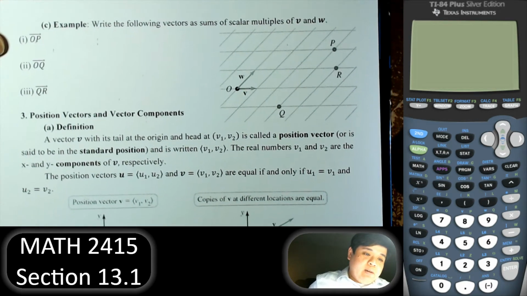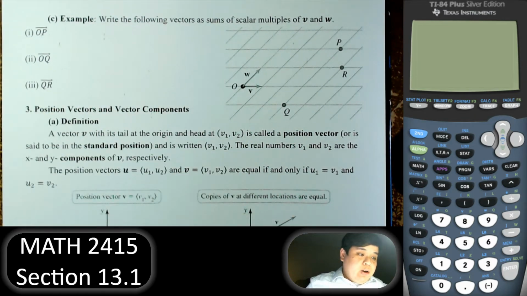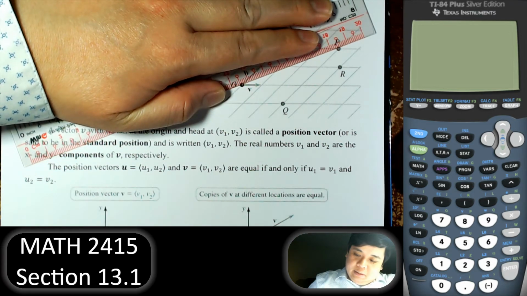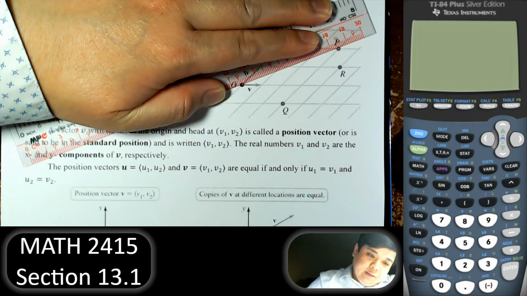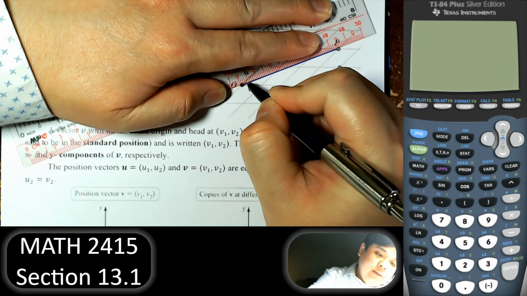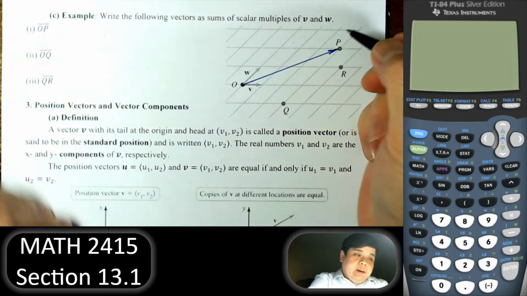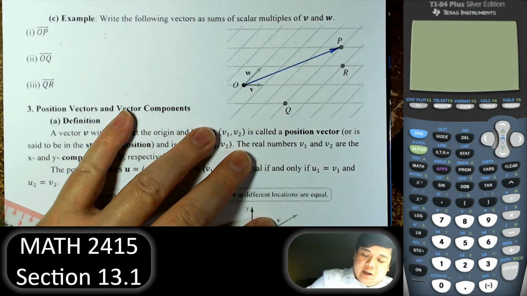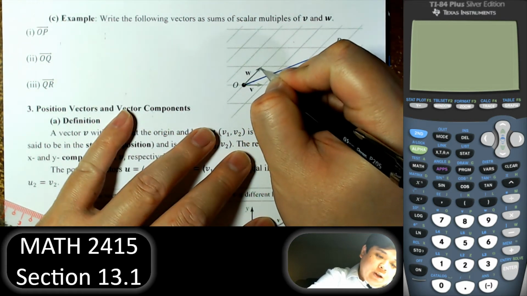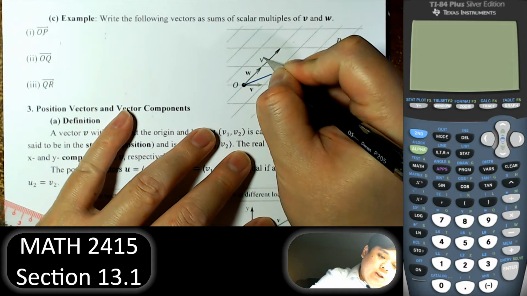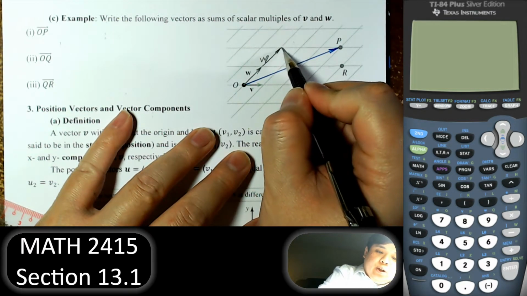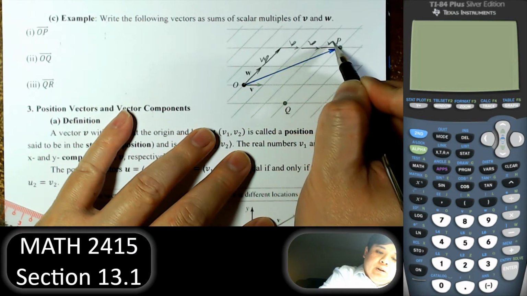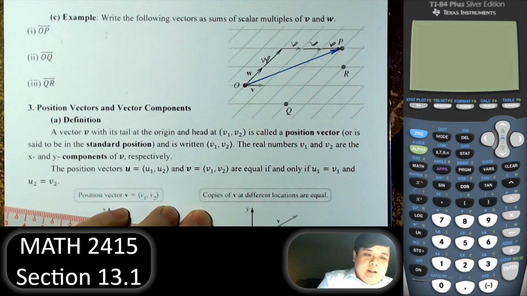Write the following vectors as a sum of scalar multiples of v and w. First, vector OP. To get from O to P, we go 1 w, 2 w, and then 1 v, 2 v, 3 v.